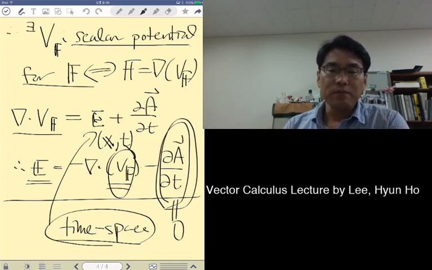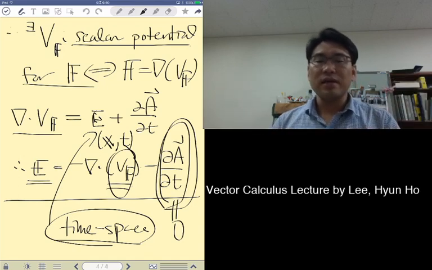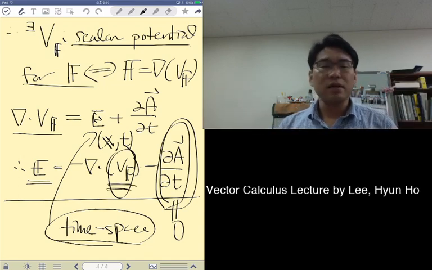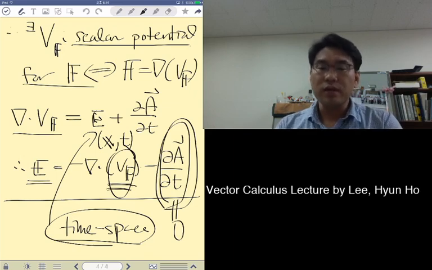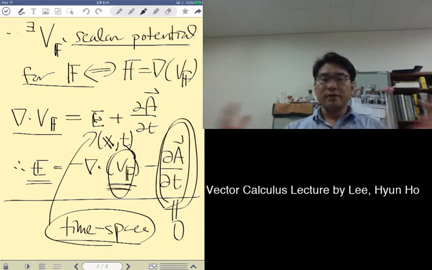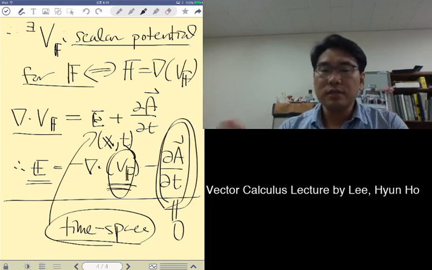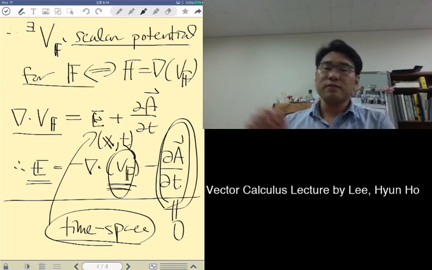In that case it comes back to the static theory, where we just have the scalar potential, the Coulomb potential as we observed.